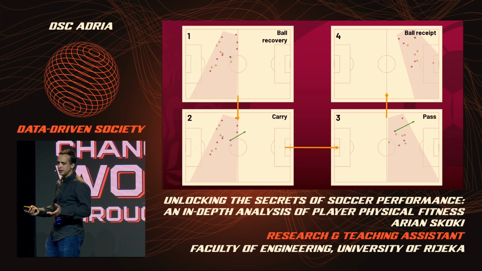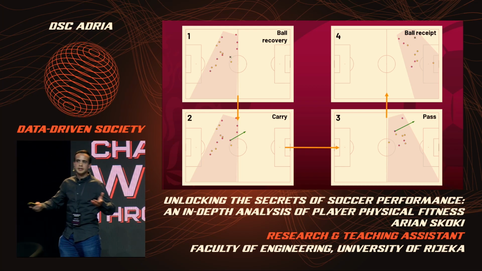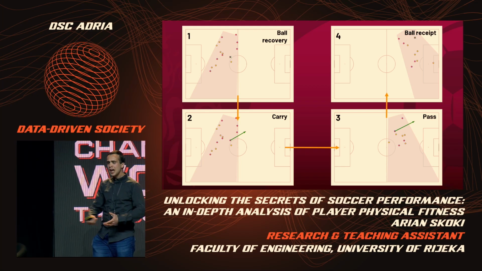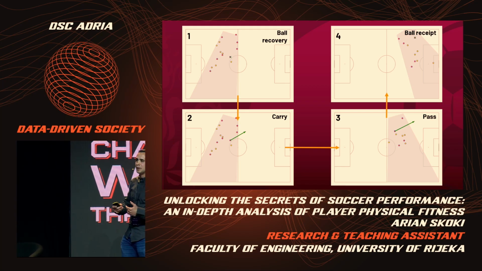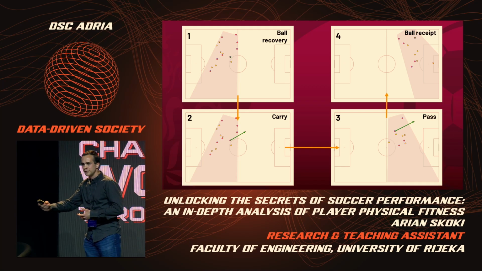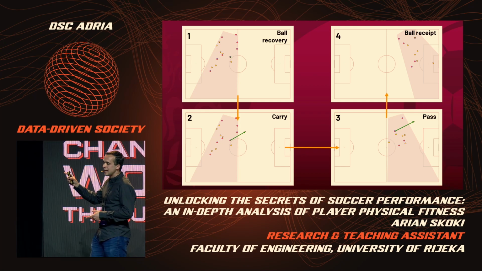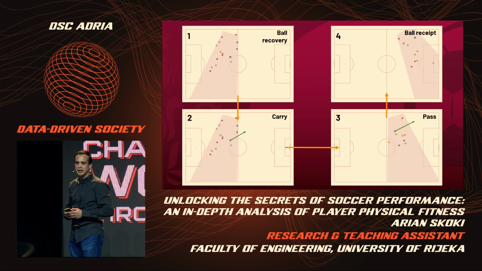And we have an event that is called ball recovery. So this team quickly regained possession after losing it. After that, this same player carries the ball forward, so it drives forward. In the third frame, it makes a pass to the player on the left.